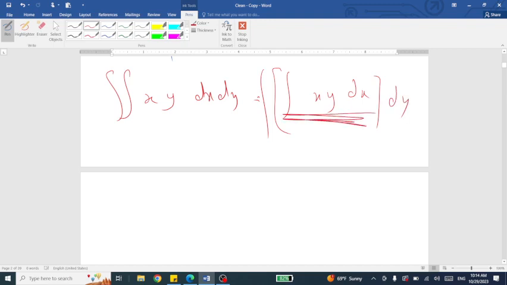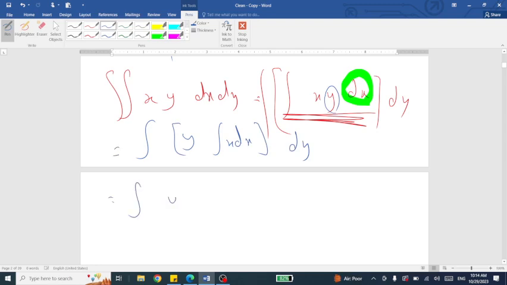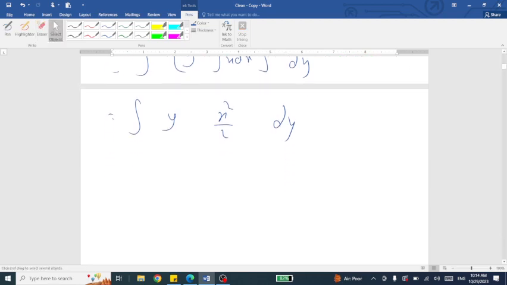So in here, because your variable is x, y is a number, so I can bring it out. That's why I say it equals y times x squared over 2 dy. Can you imagine that one? Is that clear? You got it? So how do we solve this later?